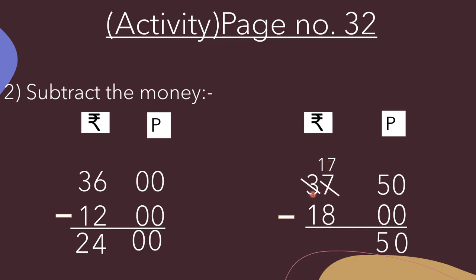And this 3 will become 3 minus 1, that is 2. Now keep 17 in your mind and 8 on your fingers. Now we have to speak backward counting. So let's start: 16, 15, 14, 13, 12, 11, 10, 9. So here we will write 9. Okay, and 2 minus 1 is equal to 1. So what is the answer, beta? That is 19 rupees and 50 paise.